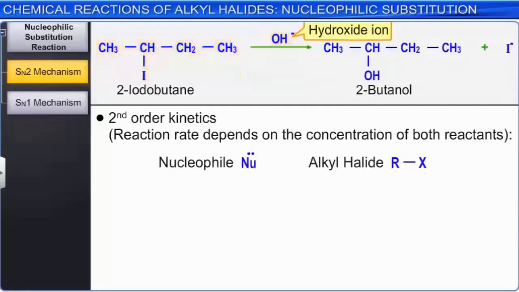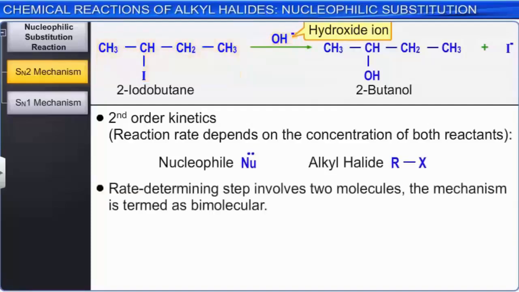As the slow step or rate-determining step involves two molecules, the mechanism is termed bimolecular. This reaction occurs in a single step and does not involve any intermediate.